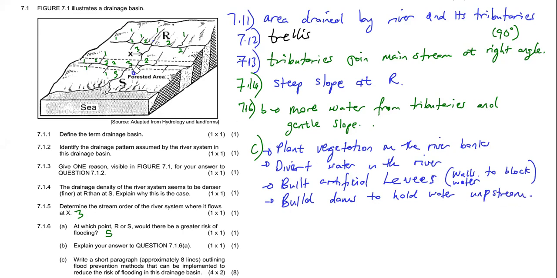If we build a dam just after X there, it means we're not going to have more water escaping to the sea. So we hold water this side here. When you've got heavy rainfall, it can spill over the dam, but when it spills, it won't cause much harm. What we're trying to do is reduce water at S, so that we also reduce flooding.